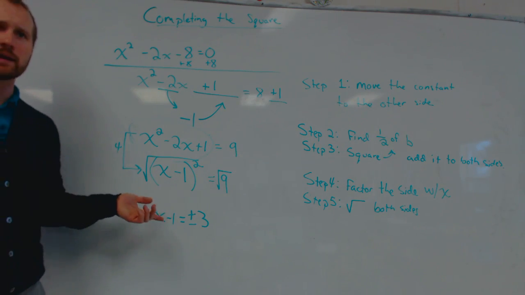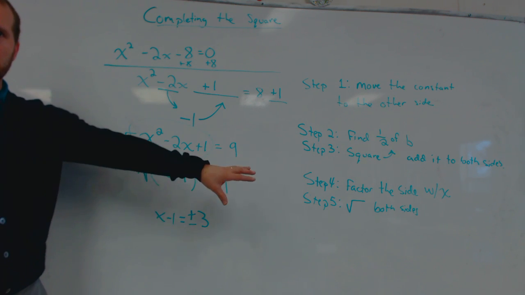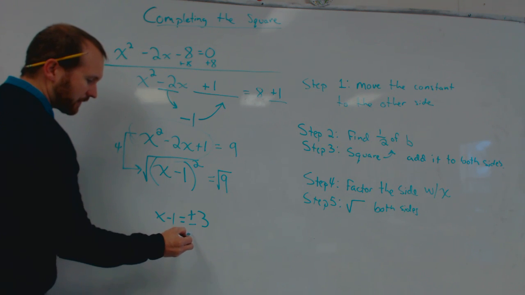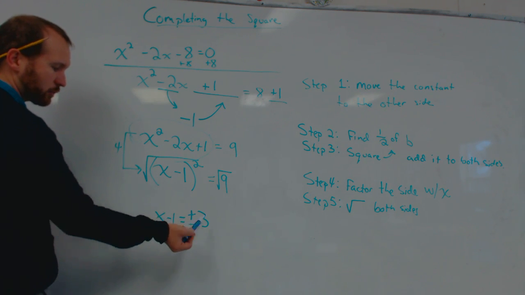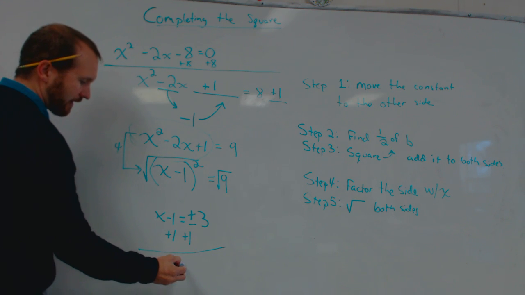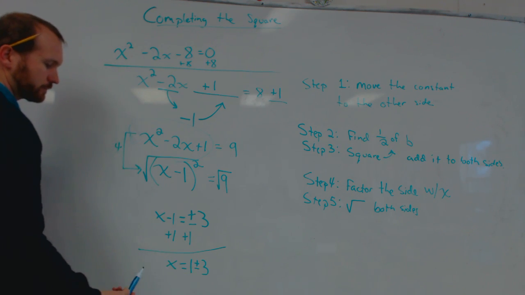So the next thing that I do is add 1 to both sides, but I'm going to add it in front of this plus or minus. So I'm going to add 1, and I have x equals 1 plus or minus 3.